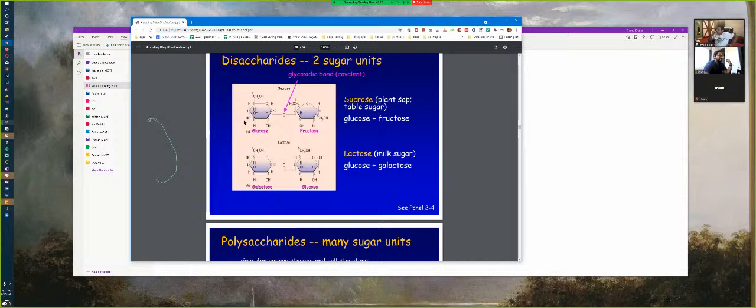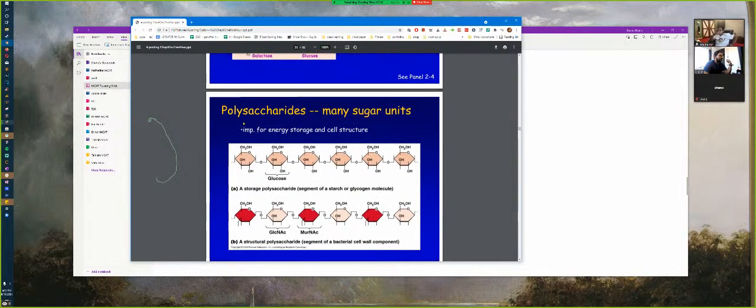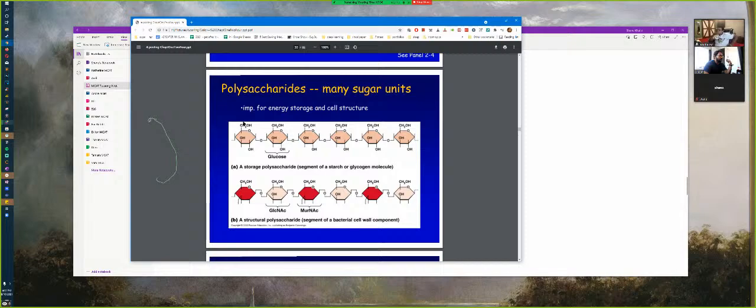Make sense? Polysaccharides, many sugar units, important for energy storage and cell structure.